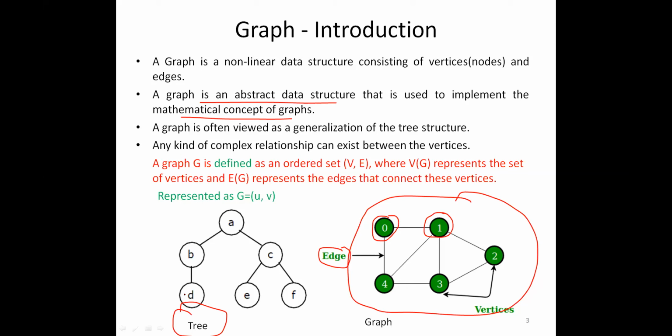In the case of a tree, if you want to reach a node D from A, there will be only one path. You can traverse A to B, then B to D. So there exists only one path.